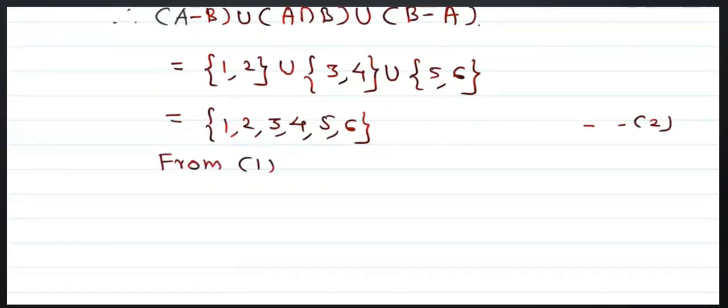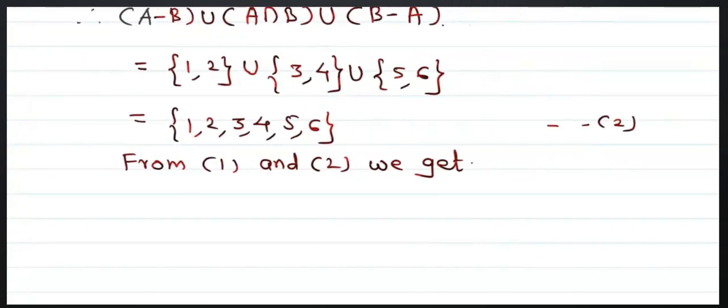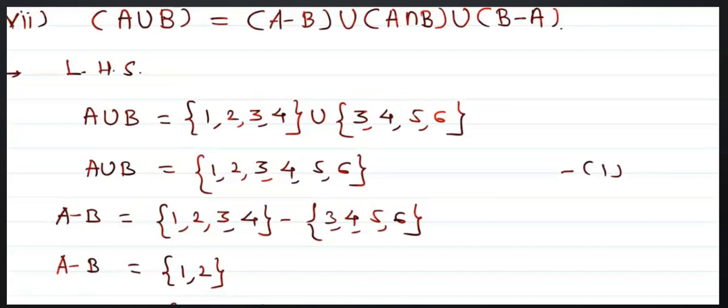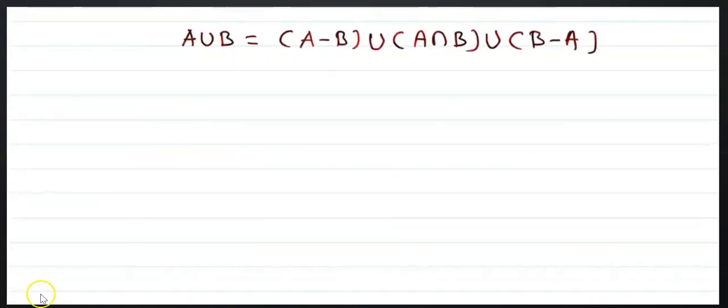This is number 2. Therefore, from 1 and 2, we get A union B is equal to A minus B union A intersection B union B minus A. This is what we wanted to prove.